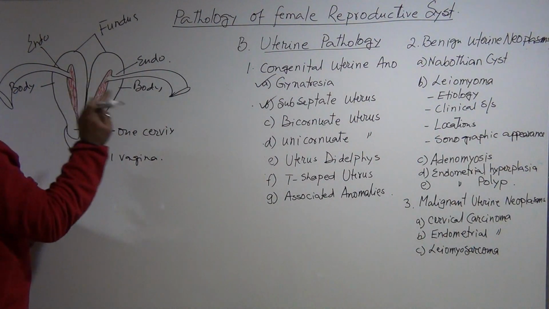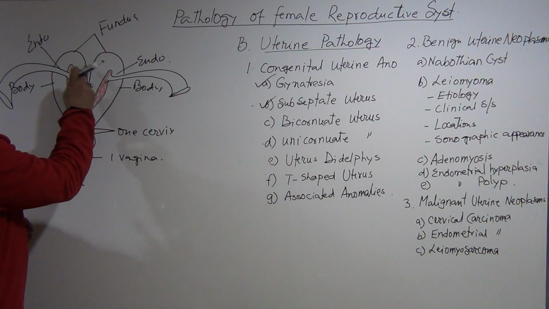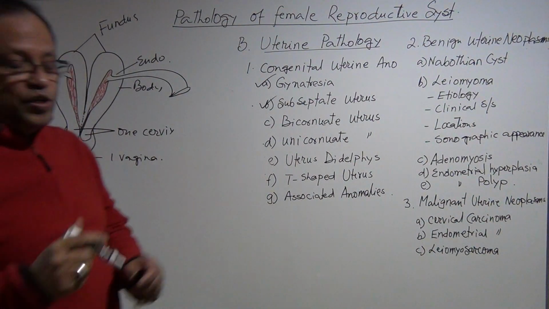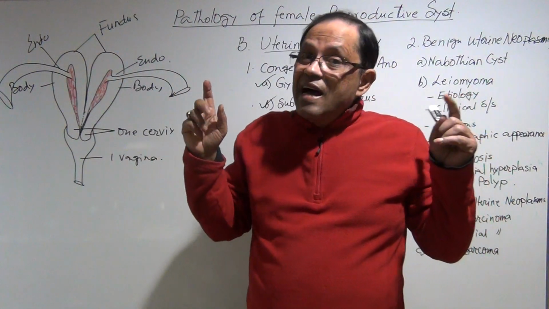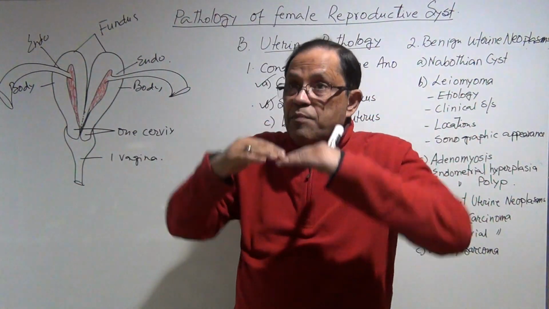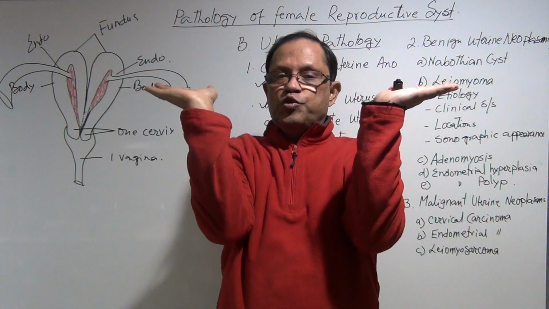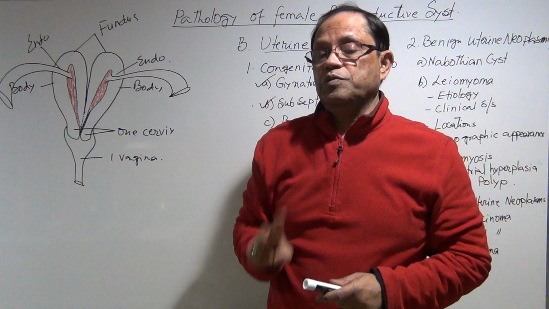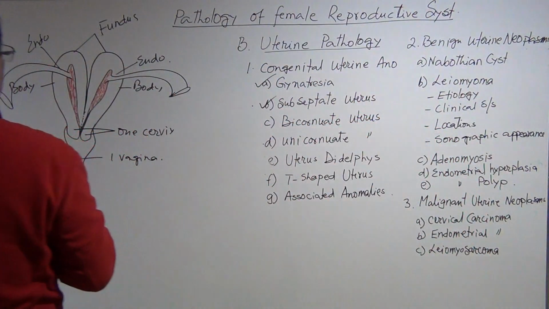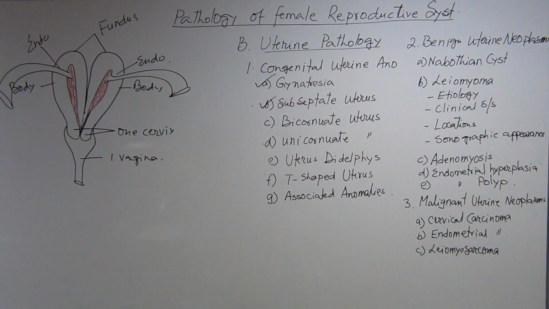You feel like there should be one fallopian tube here and here. No, no, no. Because developmentally, two paramesonephric ducts, up above the fusion there are only two tubes, right? So fallopian tube will be always two. Keep that in mind.